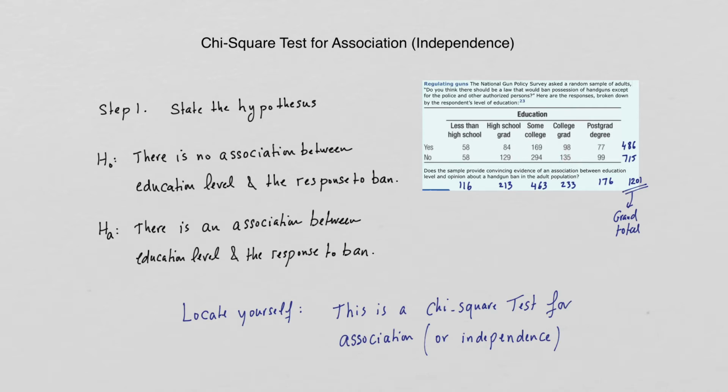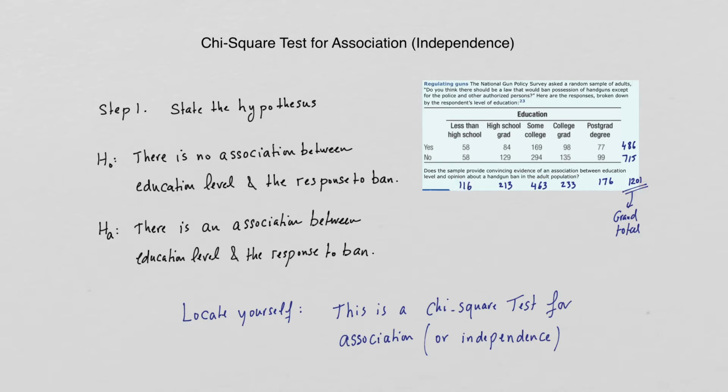And we can figure out the expected value. So every observed value has an expected value associated with it. So if you want to know the expected value that represents kids without high school diploma who approve of the ban, you go to this number and you go to that number. You multiply this number by this number and divide it by the grand total.